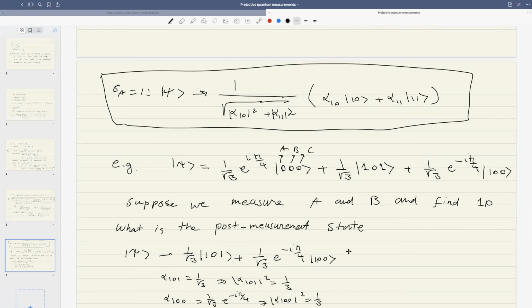So now to normalize this, I have to divide by the square root of 1/3 plus 1/3. Then, of course, we can simplify. 1, 0, 0.